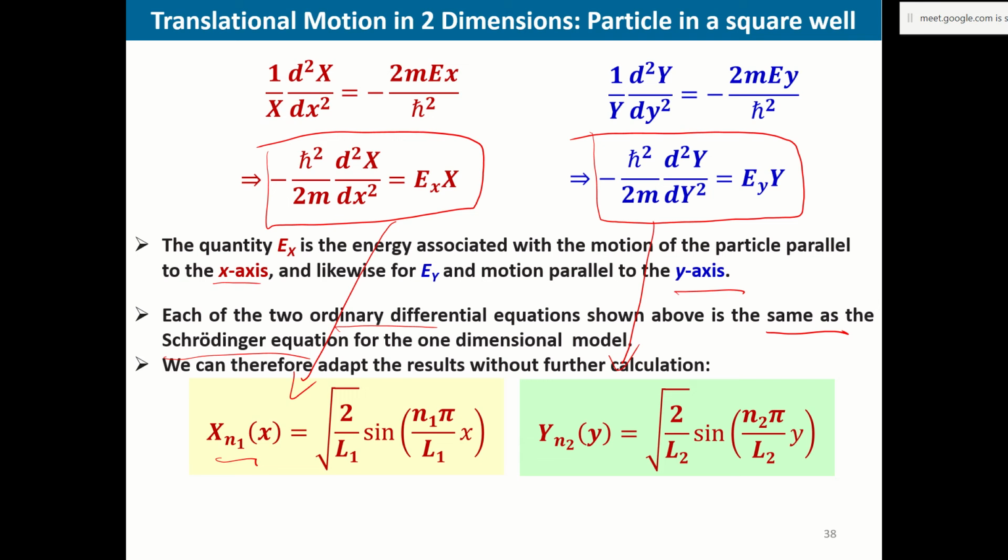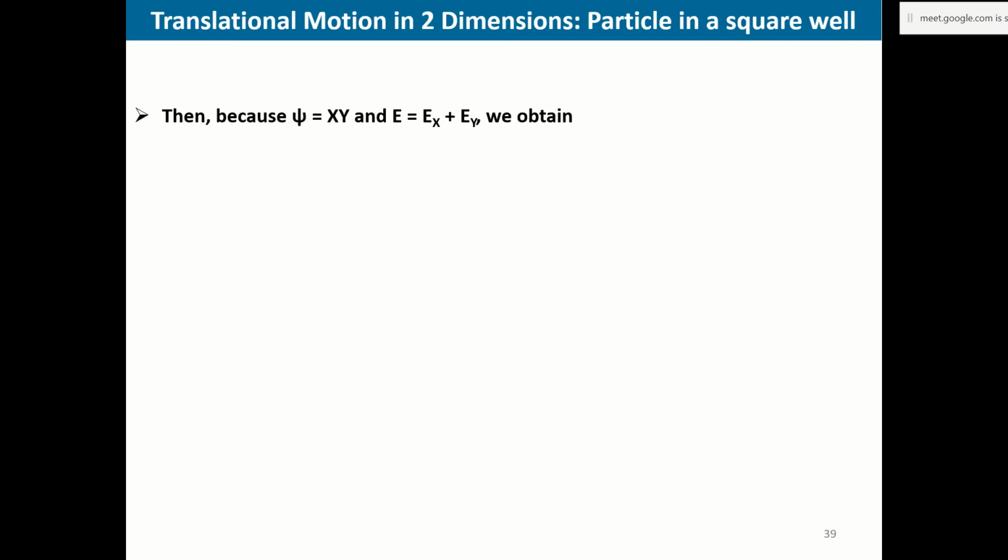The formulation is similar to what we have derived for a particle in a one-dimensional box, but we have two different wave functions, one to describe the motion along x, another to describe the motion along y.